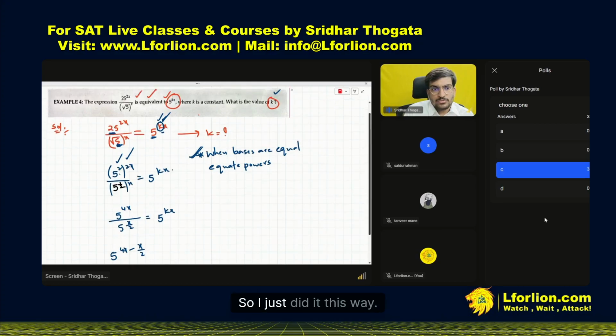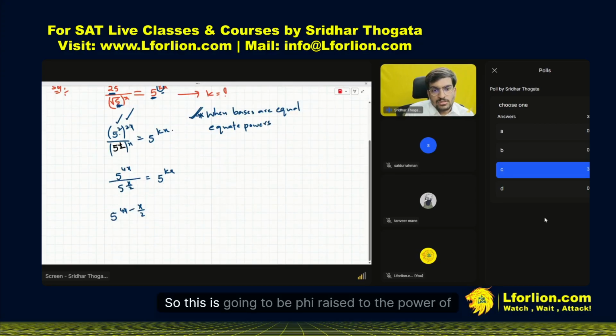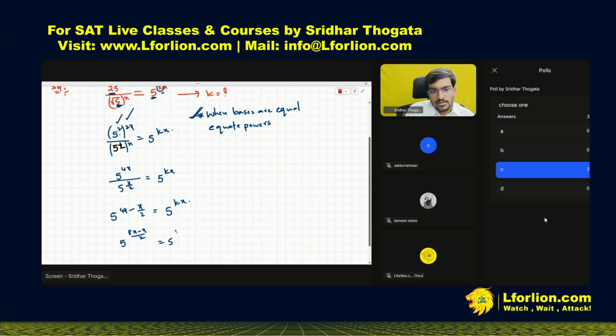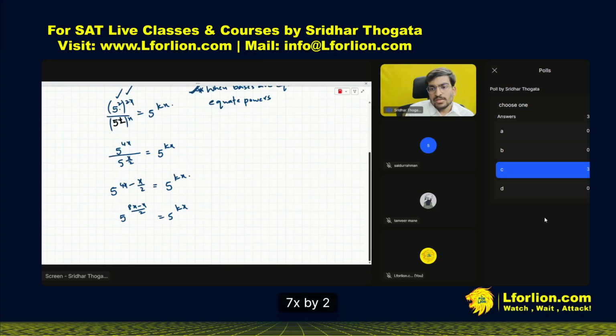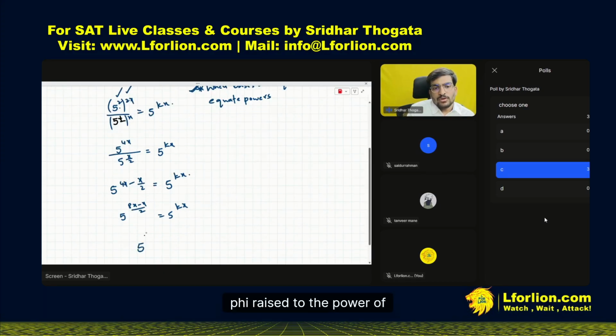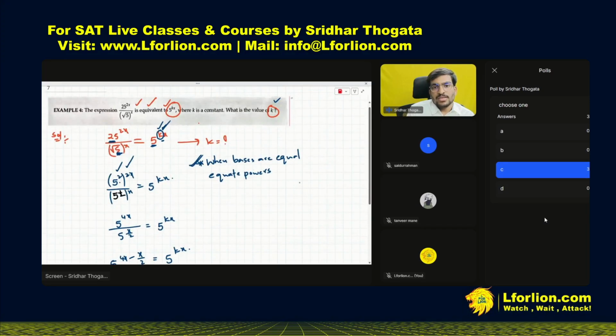Bases are the same, so I just did it this way. So this is 5 raised to the power of kx. 4x is 8x, minus x by 2, which is 7x by 2. 5 raised to the power of 7x by 2 equals 5 raised to the power of x. So what I said in the beginning: when bases are equal, equate powers.